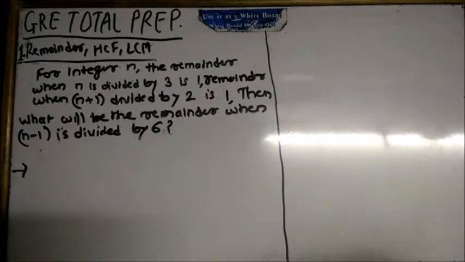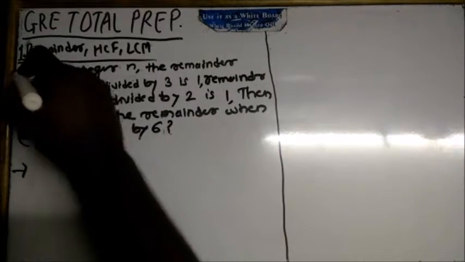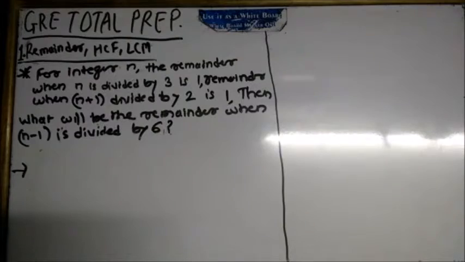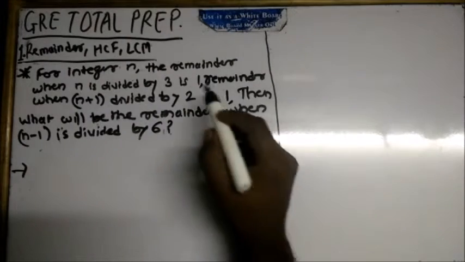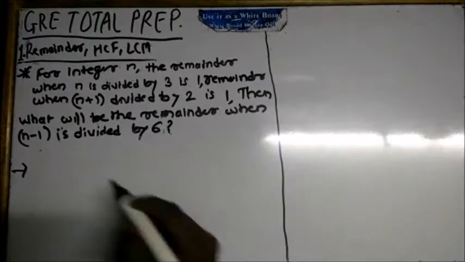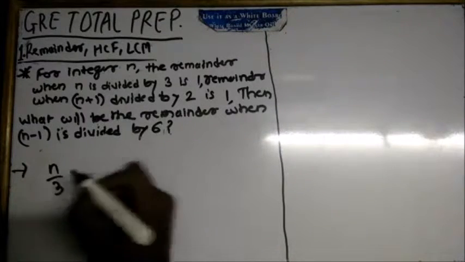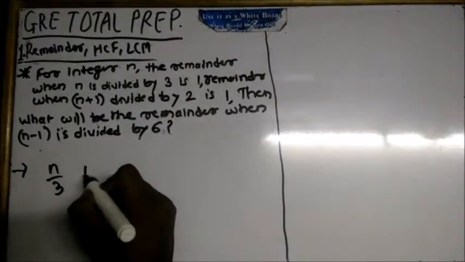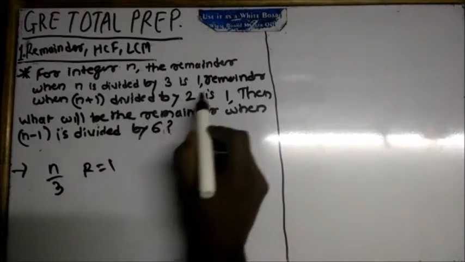solve this problem. So the first problem is for the integer n. Remainder when n is divided by 3 is 1. So when n is divided by 3, we get the remainder r is equal to 1.